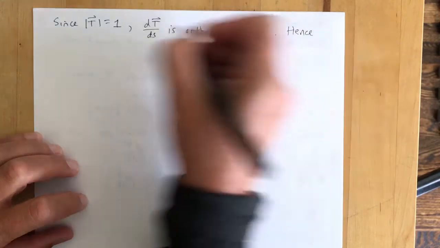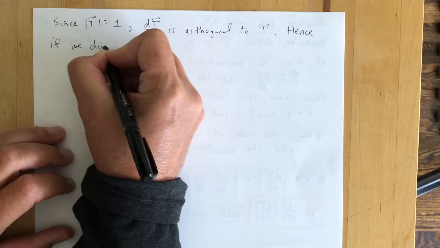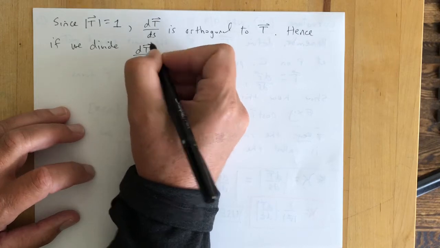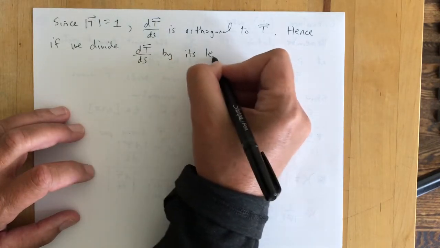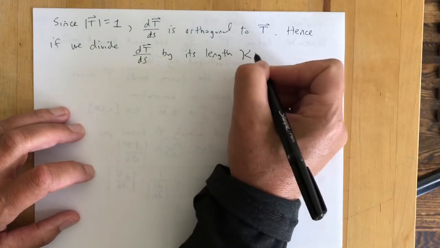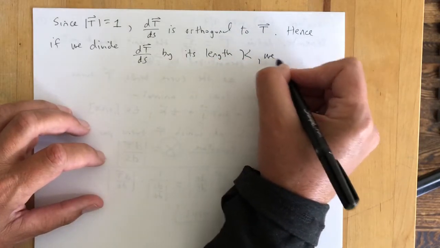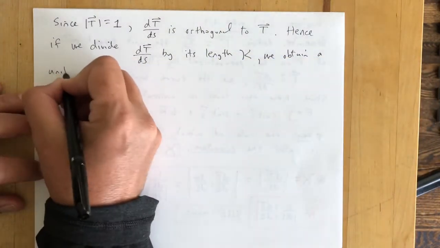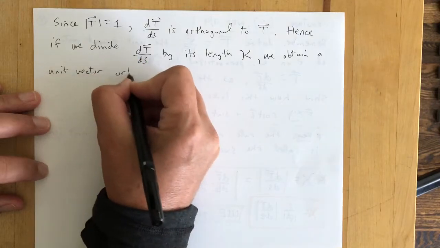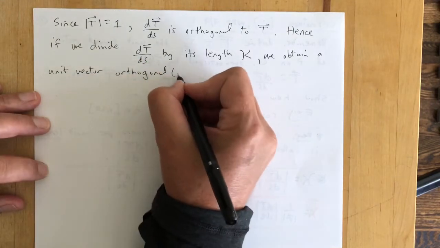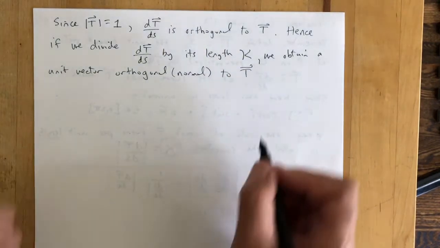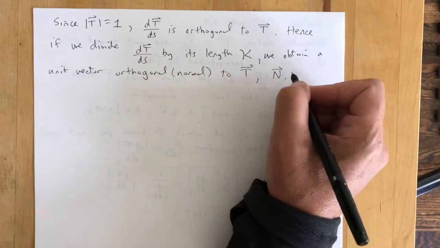Hence, if we divide dT/ds by its length, which is this kappa, we obtain a unit vector orthogonal or normal to T. And we label this new vector cap N. Okay?